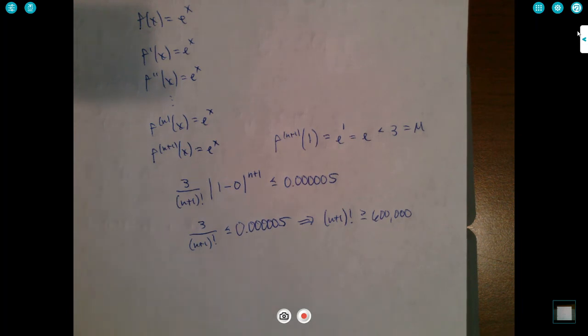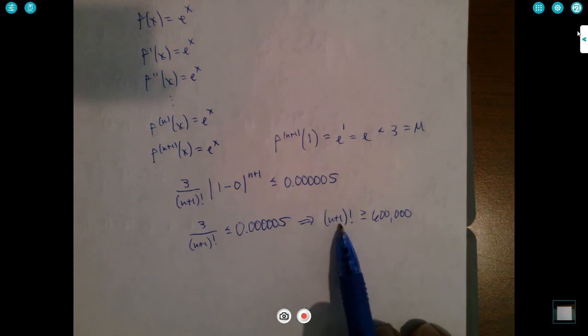Now, to finish solving that for n, I'm just going to guess and check a little bit. So I'm going to put in a bunch of factorials. So let's see. 8 factorial is 40,320, so that's not big enough. 9 factorial is 362,880, so that's getting closer. 10 factorial is 3,628,800. Okay, so 10 factorial.